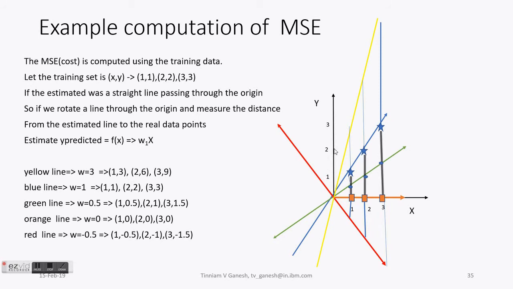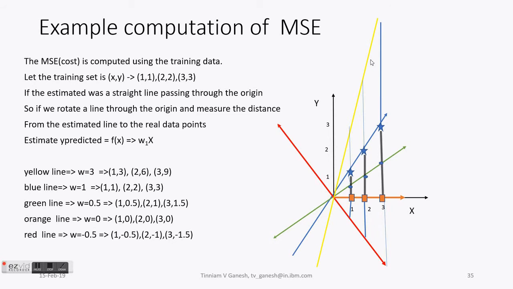So for different weights, we try to find the mean square error. For example, if I choose W equal to 3, then I get this yellow line, and again I find the distance from this estimated line to this actual point and take the square of that. And similarly I keep doing it for different slopes.